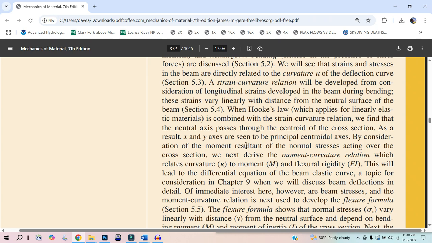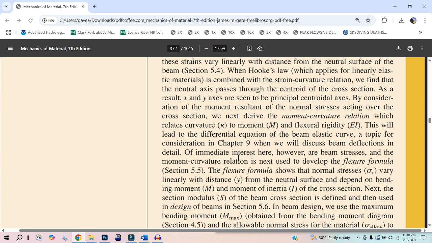That's the moment that we talked about that's going to have forces, and they're going to say they're due to the normal stresses. But you could even say that the moment causes the shape, the shape causes the strain, causes the normal stresses, that's the pressures acting over the cross section.